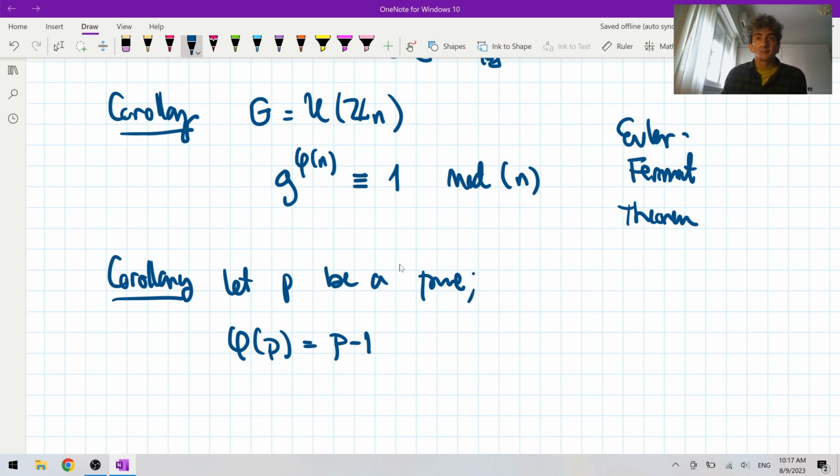Then what we have here is that g to the p minus 1 is congruent to 1 modulo p, and this is what is called Fermat's little theorem.